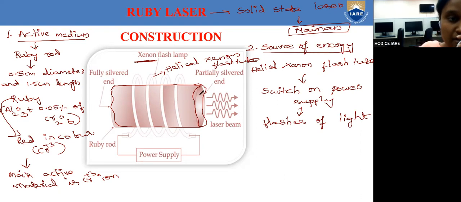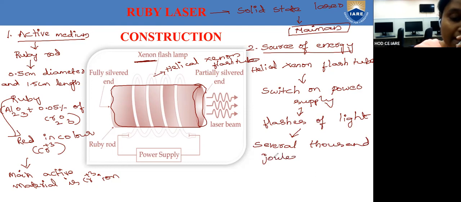One flash comes, after some time another flash comes. Each flash exists for a few milliseconds, and each flash is going to give us several thousand joules of energy.